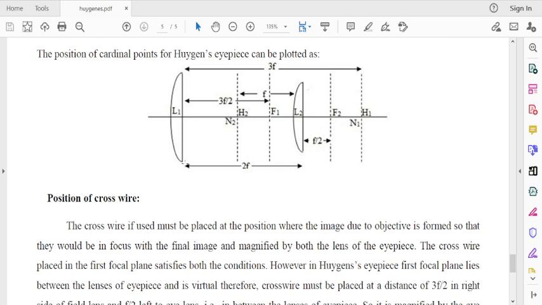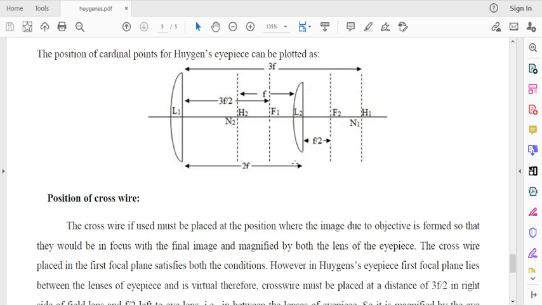What is the sum of their focal lengths? 3 plus 1 equals 4, and half of it is 2f. This is the distance between them, and therefore chromatic aberration in the Huygens eyepiece is not there.